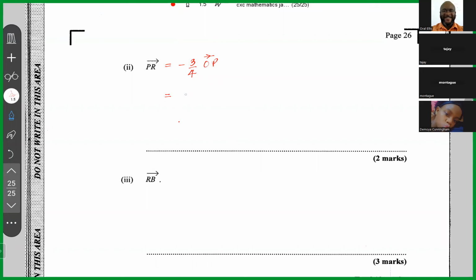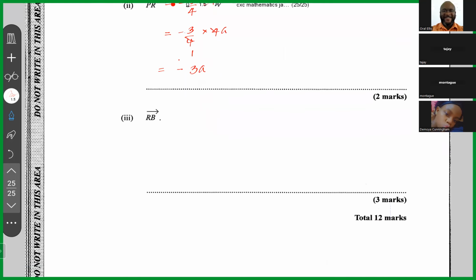OP is 4A, so this is minus 3 over 4 times 4A. This goes into this one, 4 cancels 4. This is minus 3A. So going up from O to P is 4A. Coming back down from P to R is minus 3A.